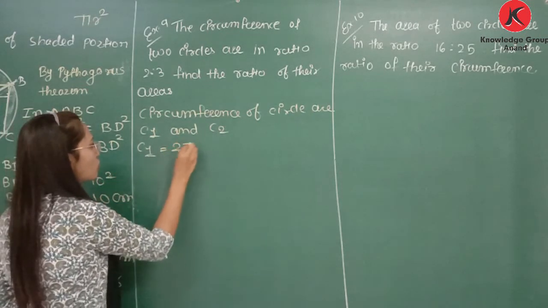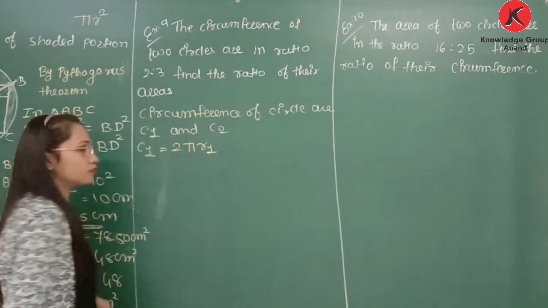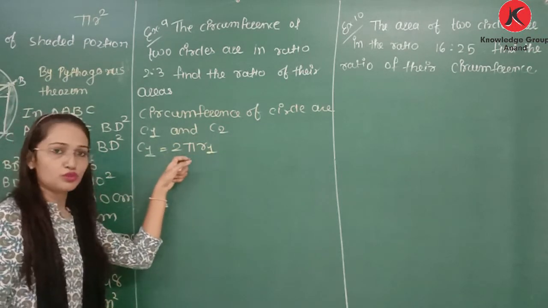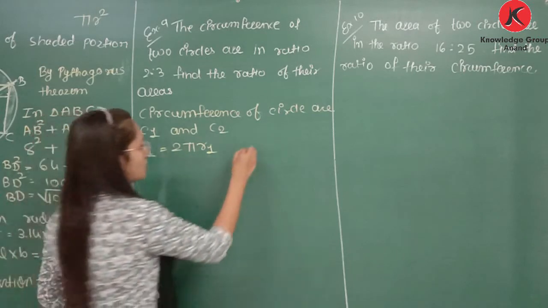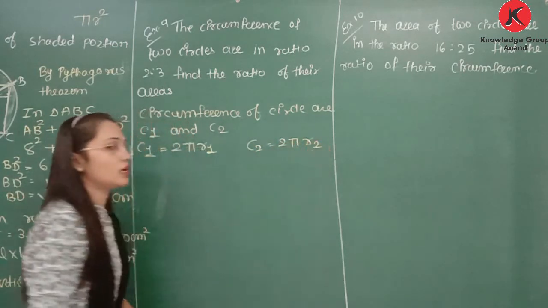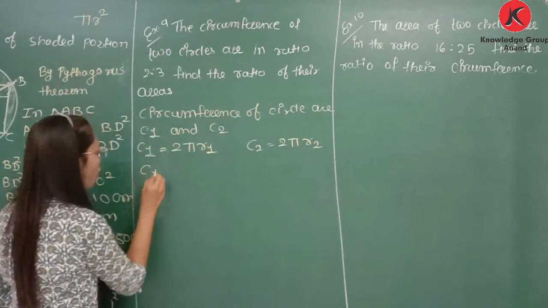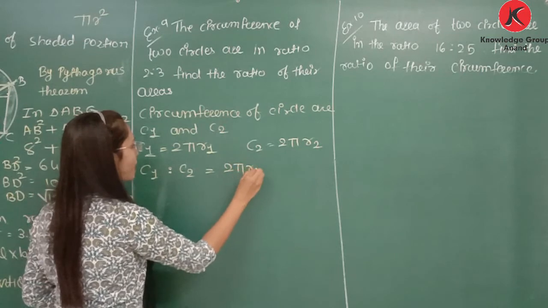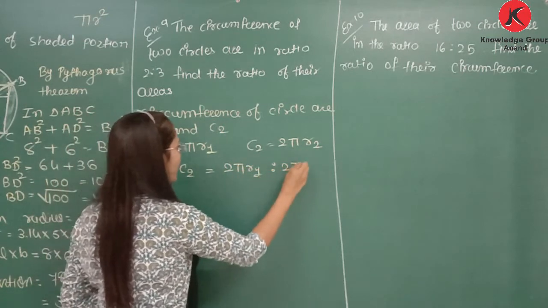C1, the circumference of the first circle, is 2 pi r1. Only the radius can change. Pi value is the same, 2 is a constant, so it is the same. C2 will be 2 pi r2. It means the ratio of C1 to C2 is 2 pi r1 to 2 pi r2.